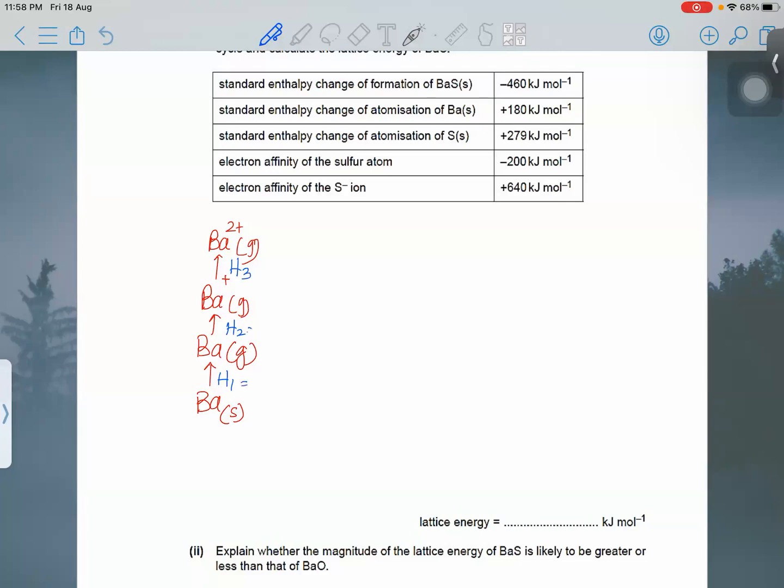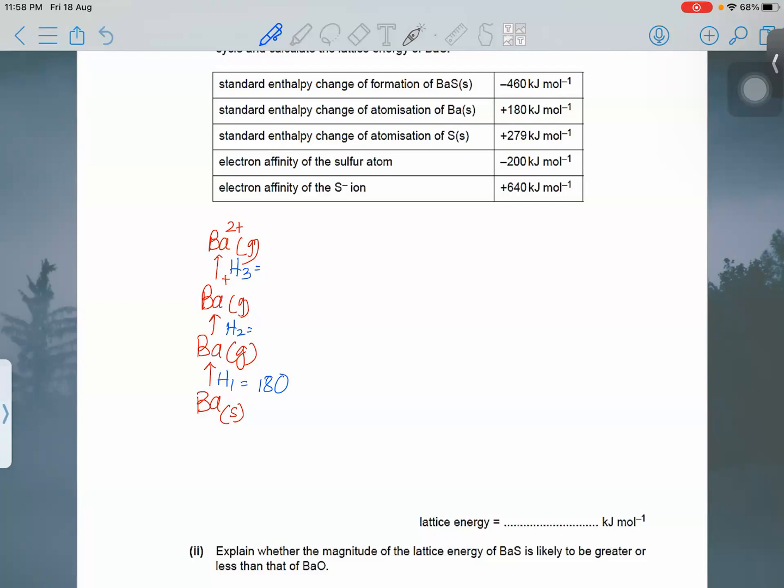Can you tell me the values? H1 is 180. Correct.